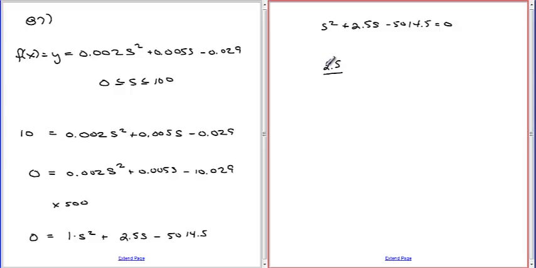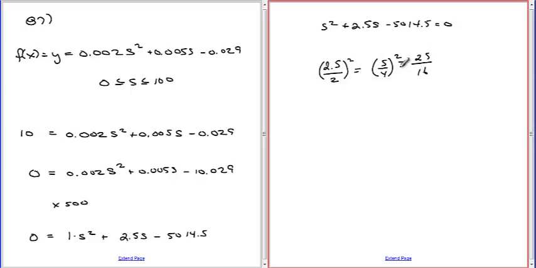So I take 2.5 divided by 2, and I square that. And what do you get? 2.5 divided by 2 is 1.25, squared. So what is that? Let's do this in fractions. This is 5/4 squared, so it's 25/16.